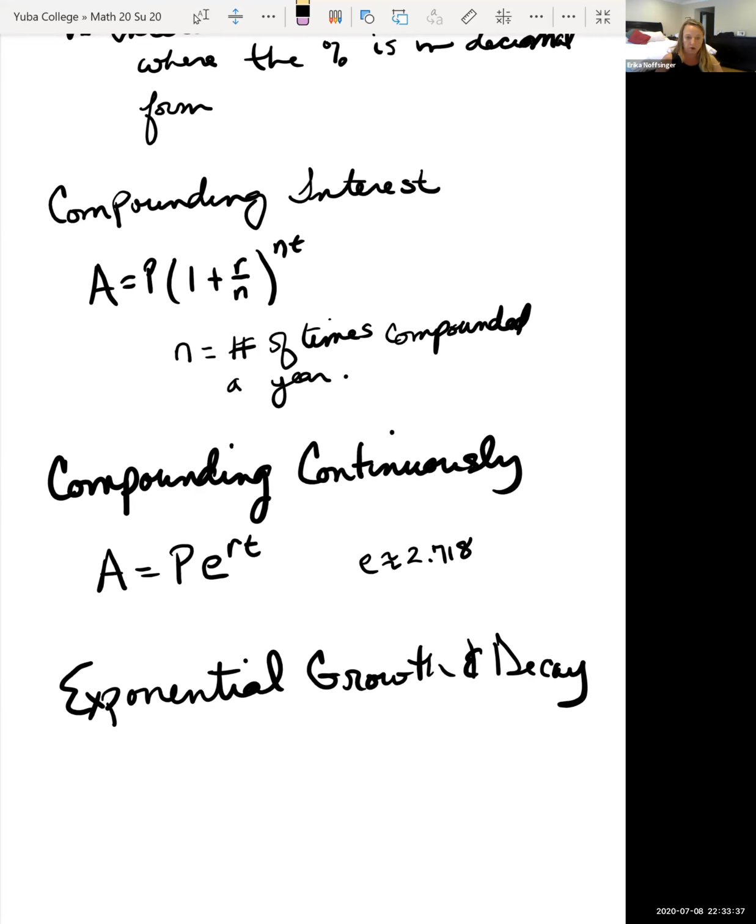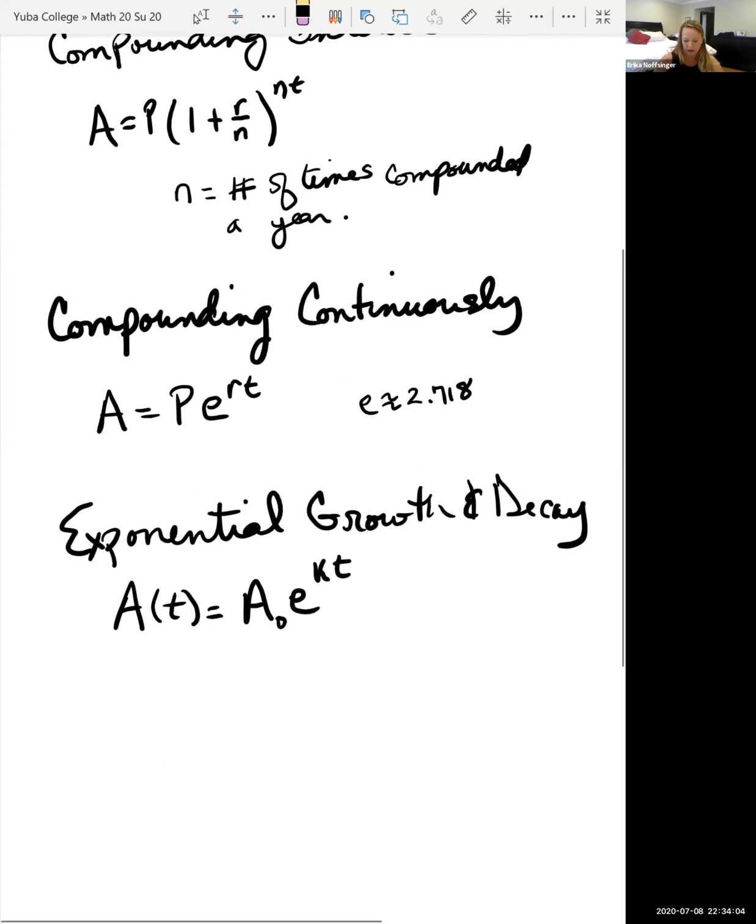So exponential growth and decay are always in the form A of t. I can just say A, but that's again our amount. This t, our variable, represents time, and our amount is dependent on how much time we have in there. A sub t is equal to, and here they put A sub 0, e to the kt.